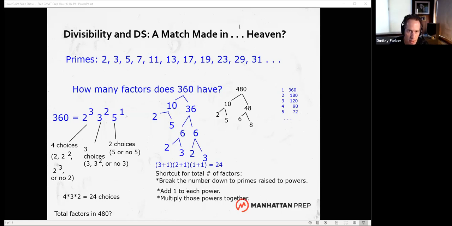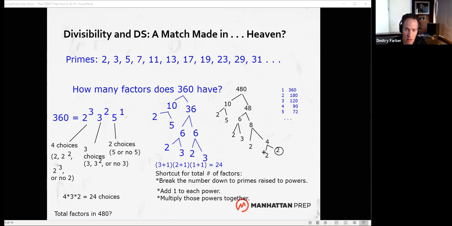Six, of course, breaks down the same as before, 2 and 3. 8, some of you will just recognize that 8 is 2 cubed, and there's nothing wrong with just doing that directly, but there's also nothing wrong with saying, hey, that's 2 times 4, and 4 is 2 times 2. So you do not have to write this all out just because, pretty as it is, you don't have to do this. So we can count up our 2s now.